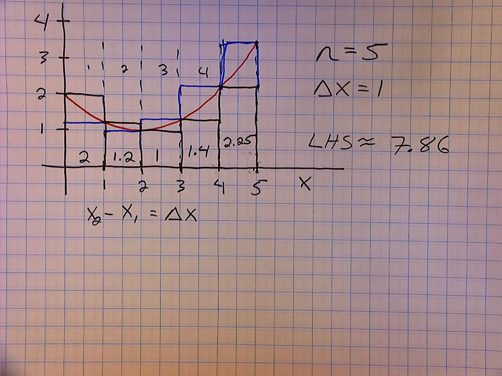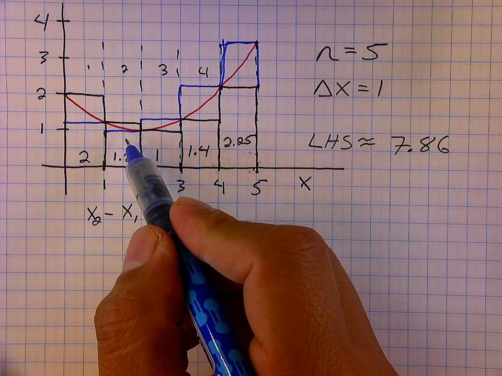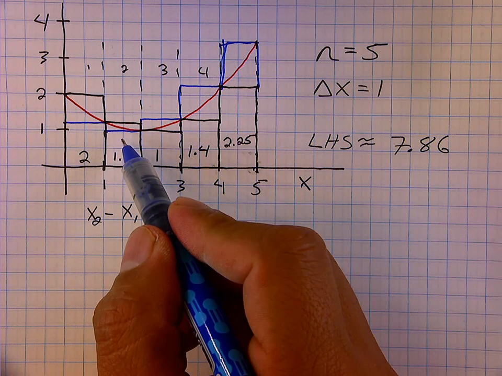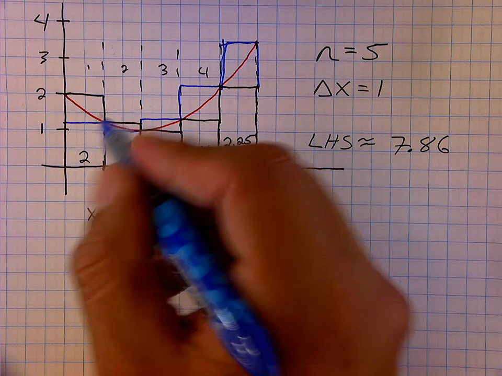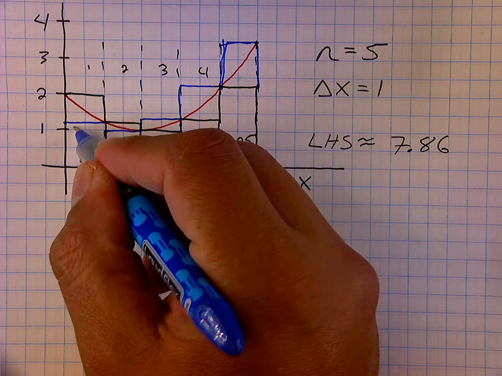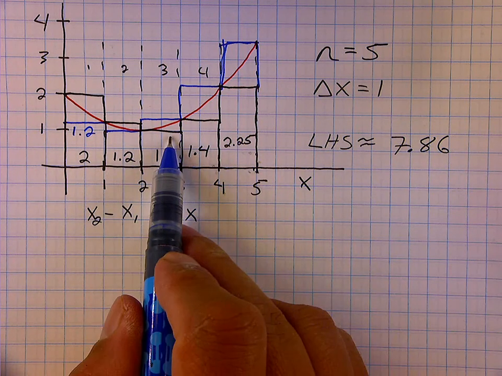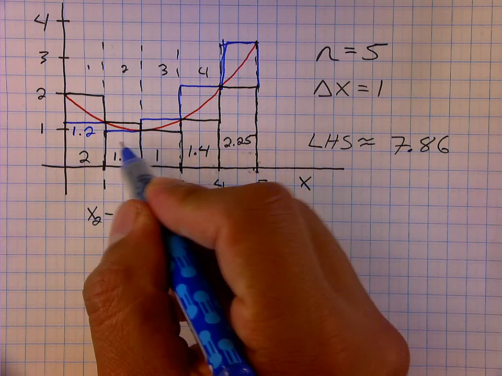So if I look at those blue rectangles, what I should notice is the first one is the same rectangle as this black one next to it. They both have an area of about 1.2. This blue one is the same as that black one.